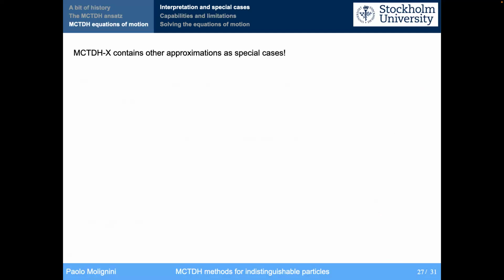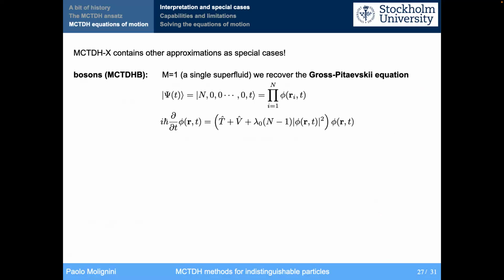Also, it's important to note that the method contains other approximations as special cases. For bosons, if you consider only one orbital, which we just said is a single superfluid that describes the entire wave function, that is precisely the picture of the Gross-Pitaevskii equation. You write your many-body state as a product of N equal single-particle wave functions, so all the particles are in the same superfluid state.